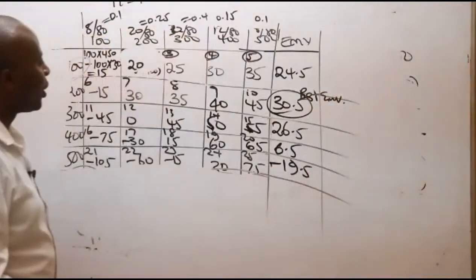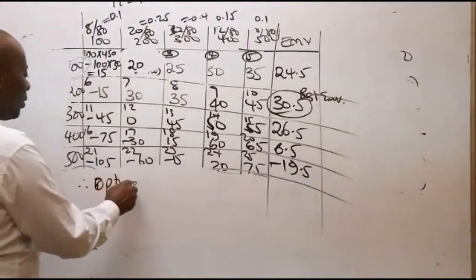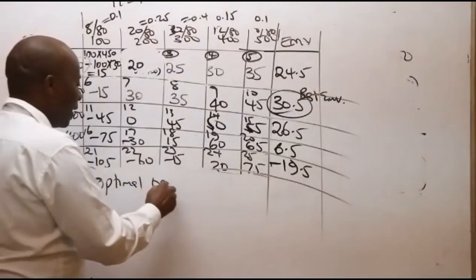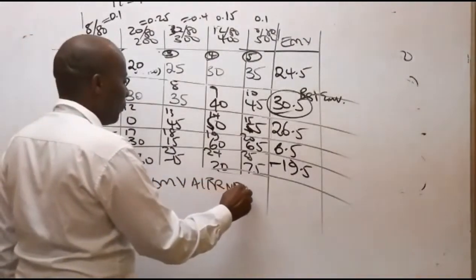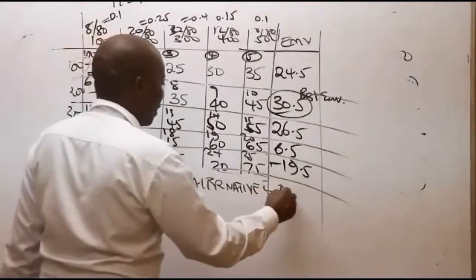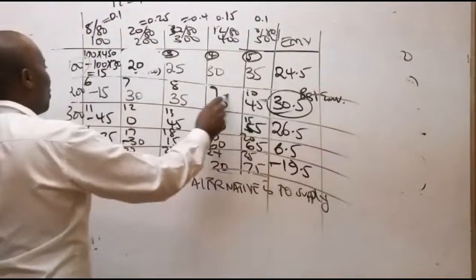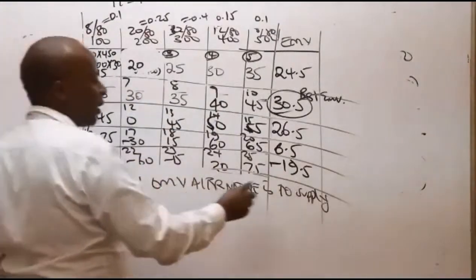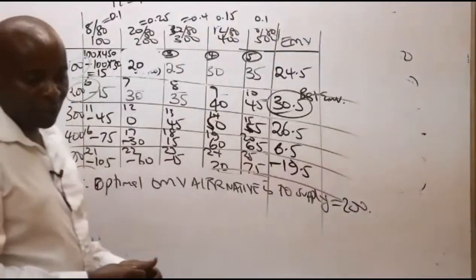So the optimal EMV alternative is to supply 200 crits.